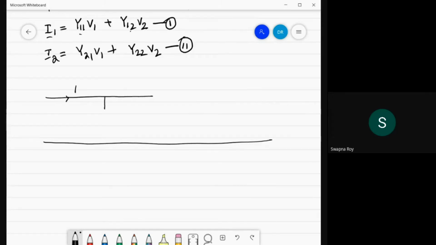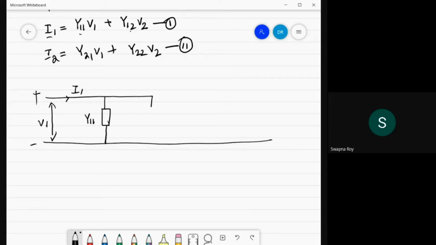This current I1 is entering and this voltage is the input port voltage. So this current is equal to Y11 V1. So this will be Y11, one admittance.